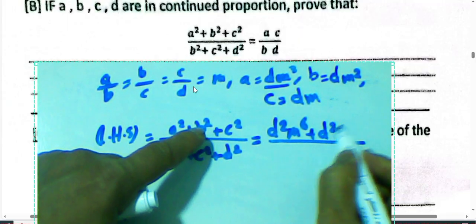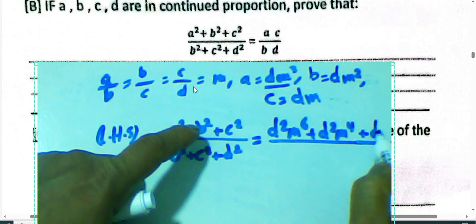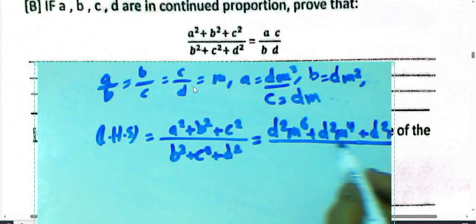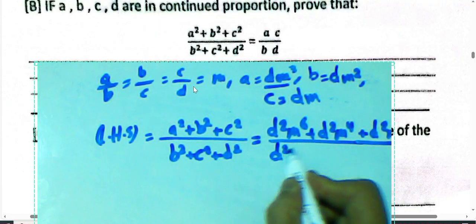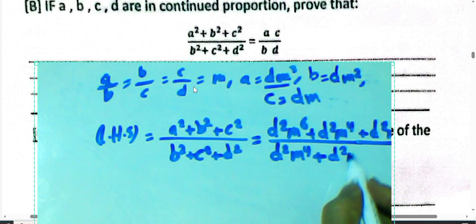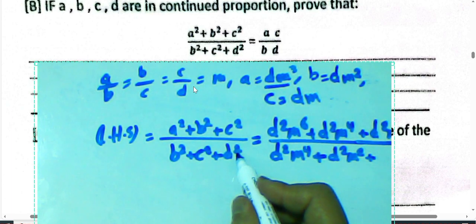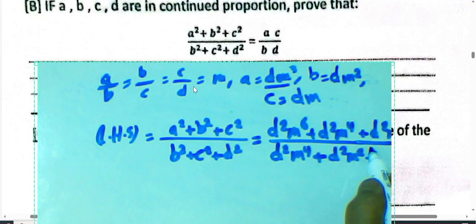It will be D power 2 M power 4. Plus C power 2. It will be D power 2 M power 2 over B power 2, D power 2 M power 4 plus C power 2 equal D power 2 M power 2 and D power 2. We have D power 2 up. Okay, write D power 2 here. We have D power 2.